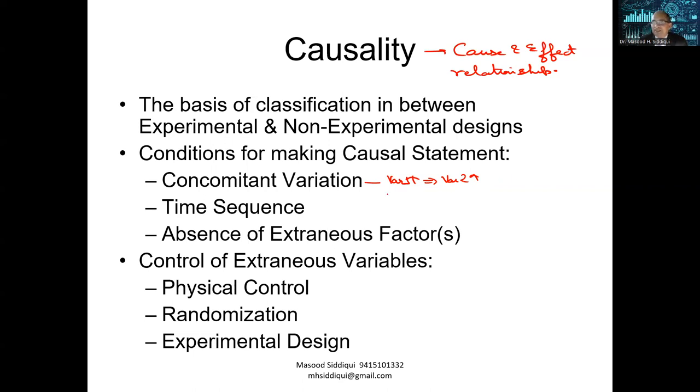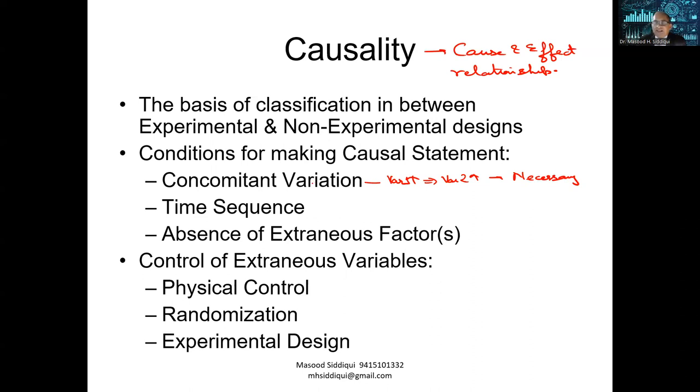Now we will be discussing whether the concomitant variation is a full-fledged condition for making the causal statement. Obviously, it is a necessary condition, meaning on changing one variable, the other variable should change. But let us discuss whether it is a sufficient condition or not.